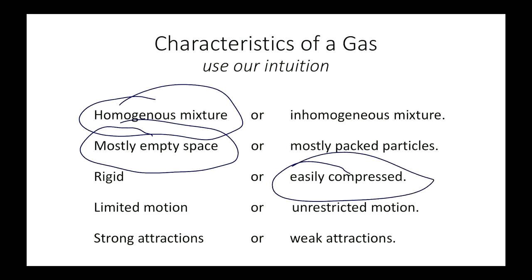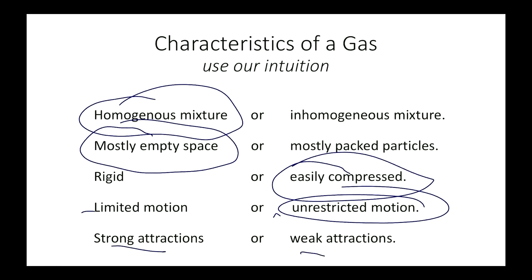Is there limited motion? So think about the particles in the sample. Although you can't see them, imagine what those particles would look like. Is there limited motion or unrestricted motion? Unrestricted motion, yeah, those particles are bouncing off the walls, bouncing off each other, bouncing off you, like billiard balls with completely elastic collisions. And then finally, with that idea of unrestricted motion, do those particles exhibit strong attractions or weak attractions towards one another?